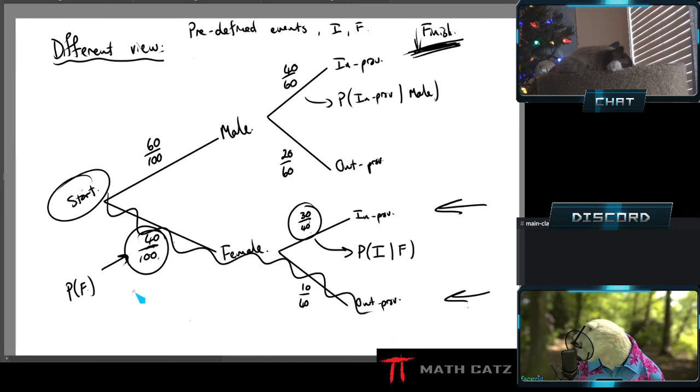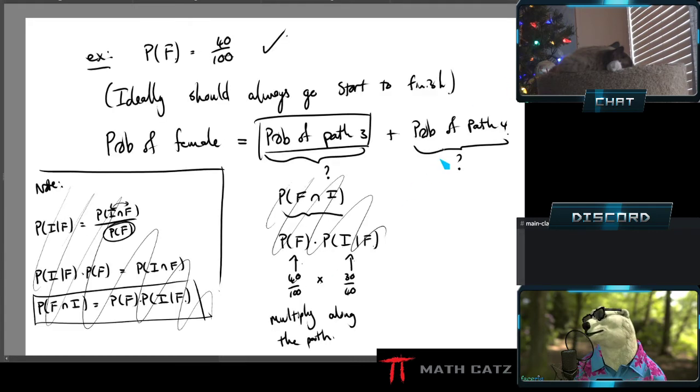Sure, my diagram doesn't get too messy. Multiply along the path. 40 over 100 times 10 over 40. Now this one is pretty simple, so it'll cancel and simplify.